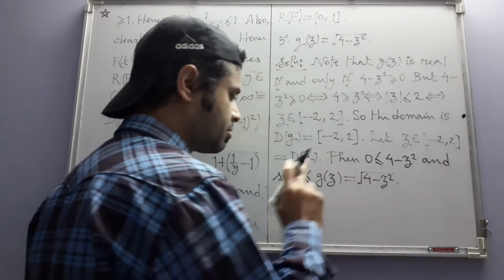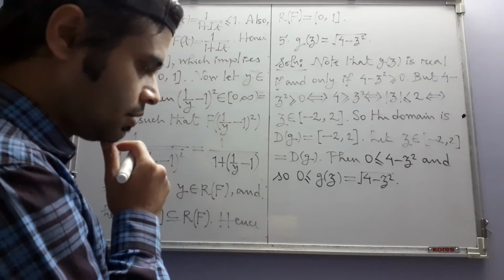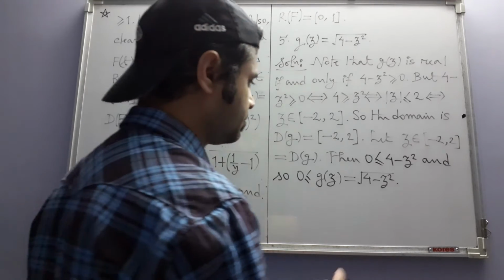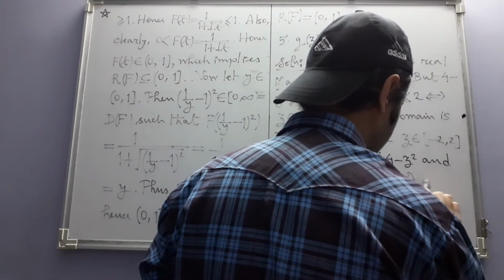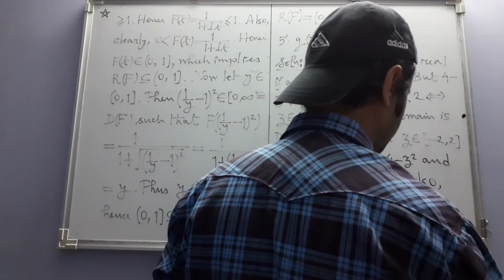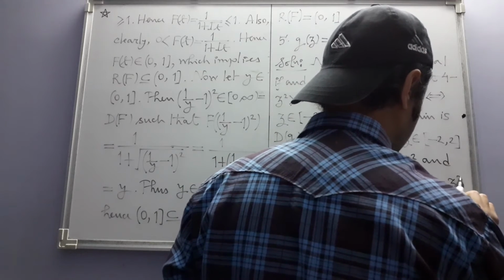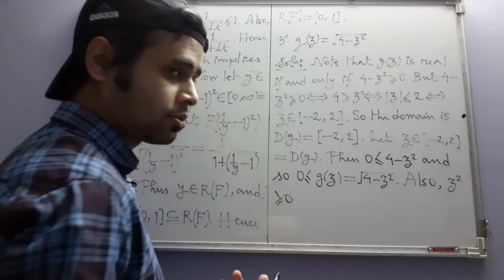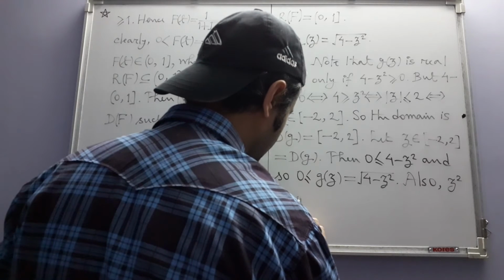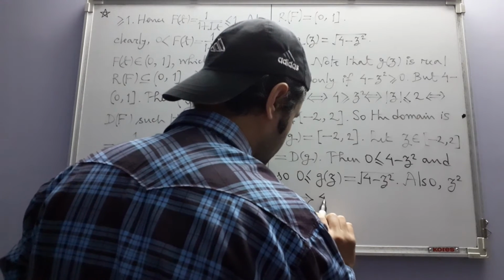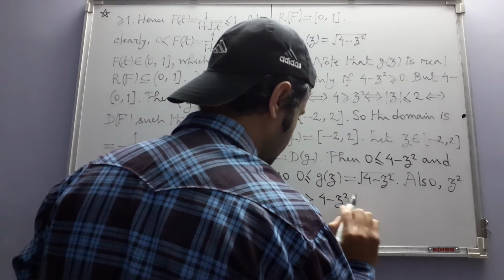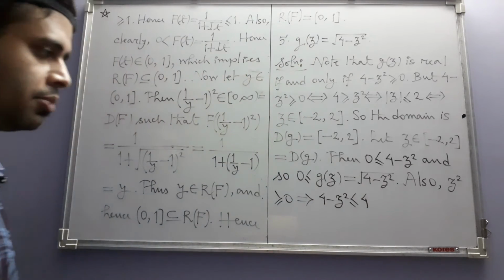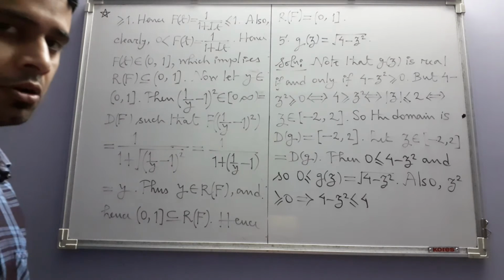But that's not all, something else is also true. This is not just non-negative, but this is less than or equal to 2. Also, z square is non-negative because it's a square, which implies 4 minus z square is less than or equal to 4, because minus z square will be non-positive.